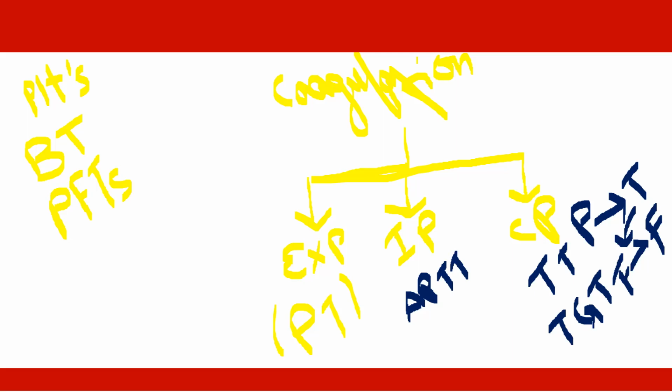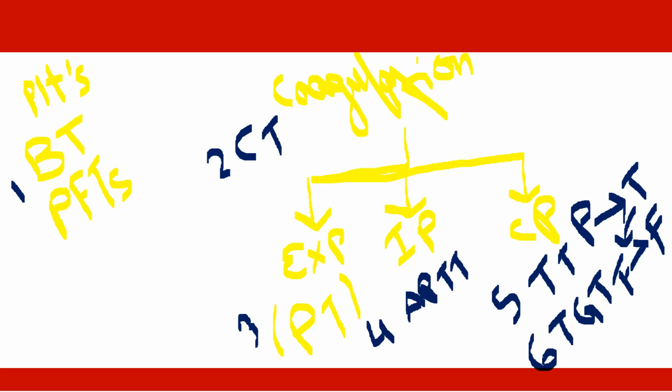So these are the tests we will do in the bleeding profile. Here I need to write clotting time also. So we will go with the bleeding time, then clotting time, prothrombin time, activated partial thromboplastin time, thrombin time, and thrombin generation test.